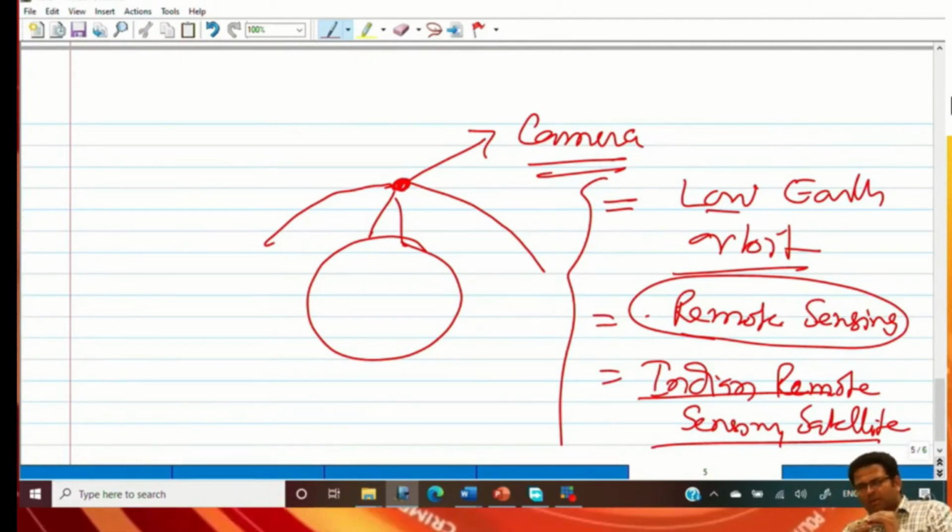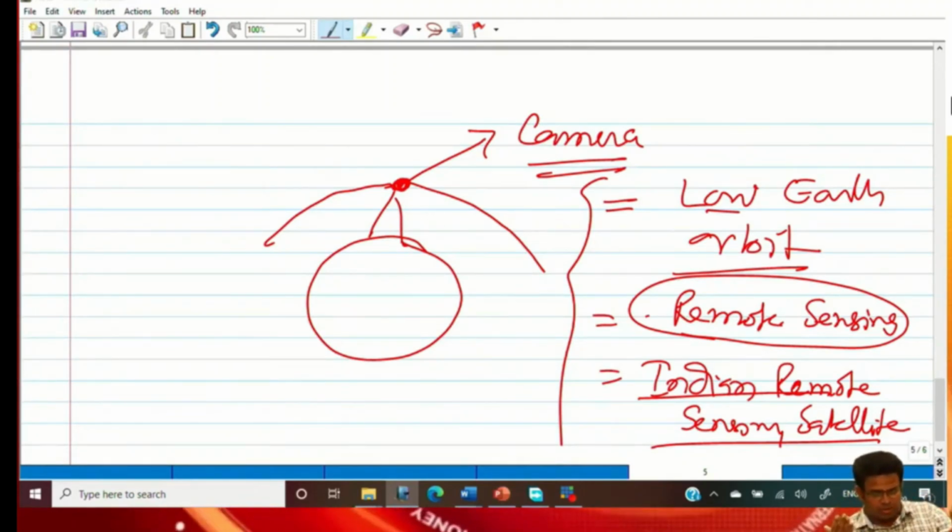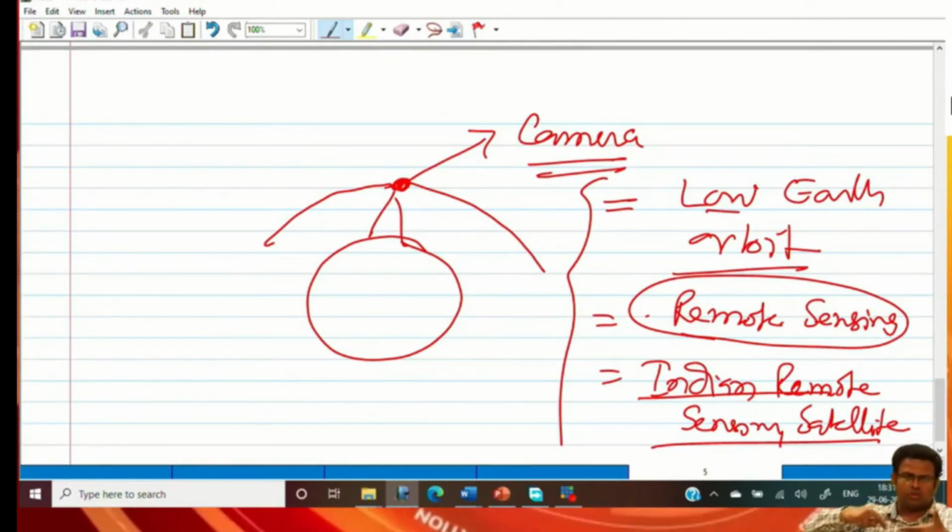If I have to take a better, quality picture, even of a 2 or 3 inch area, that picture should be clear.